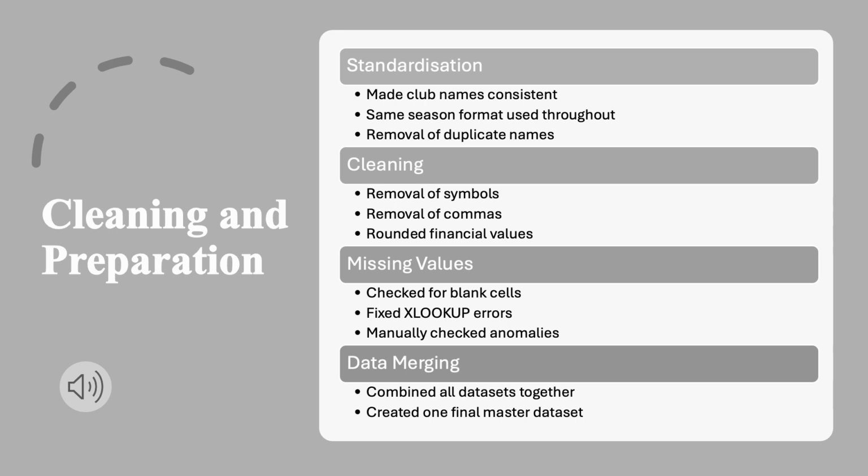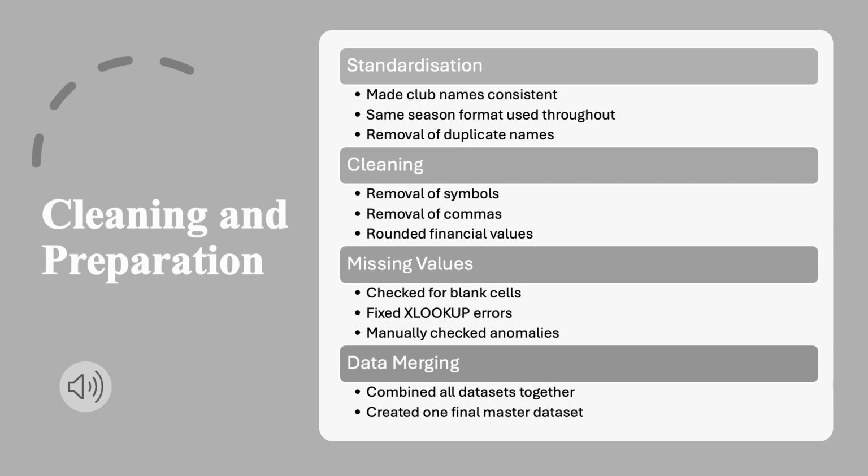Cleaning and preparing. Before analysis could begin, the raw data required significant cleaning and preparation. First, club names and season formats were standardized to ensure consistency across all datasets. Duplicate naming variations were also removed. Financial values were then cleaned by removing symbols and commas before converting them into numerical format.